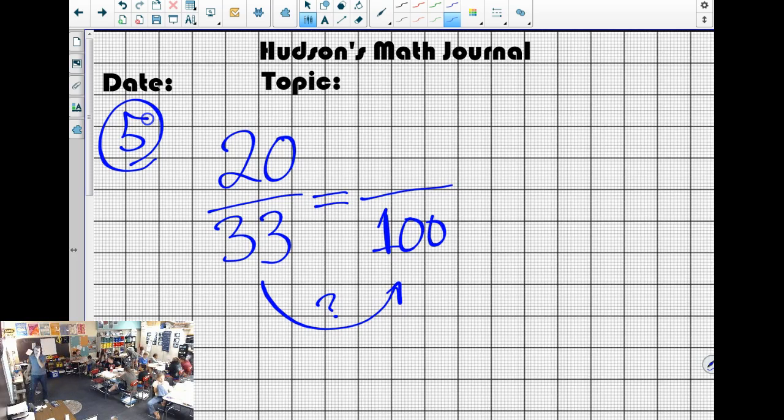Ethan said something really interesting. Ethan, what did you tell me as I was walking around? 33 cannot go into 100 easily, but it does go into 99 real nice. What's that multiplication? 3 times 3. Go ahead and write this down.